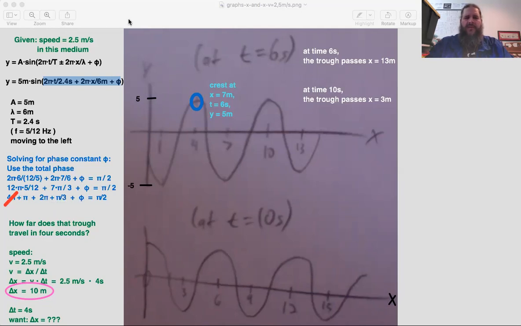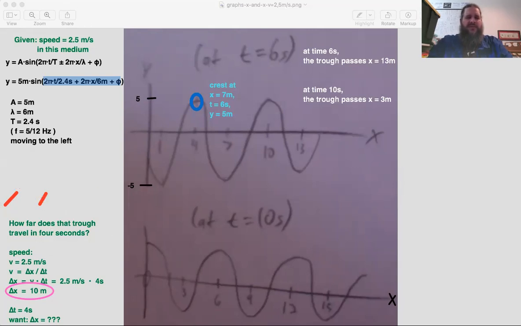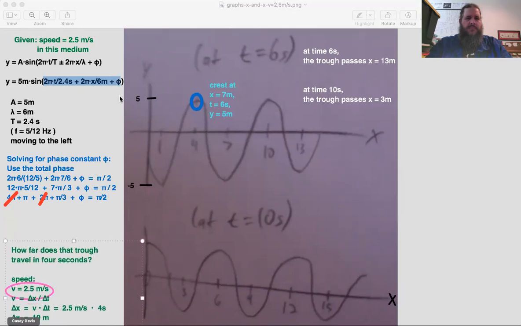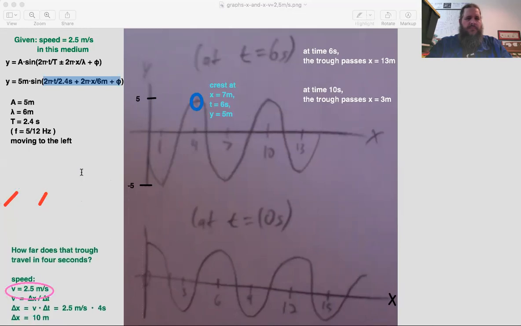And 2 pi is also a full cycle, so we can ignore that as well. So 7 pi over 3 is the same as 2 pi plus an extra pi over 3. The 2 pi can be ignored. So we can reduce this to just pi plus 1/3 pi. And that'll just be 3/3 pi plus 1/3 pi. So 4 pi over 3 plus phi equals pi over 2.